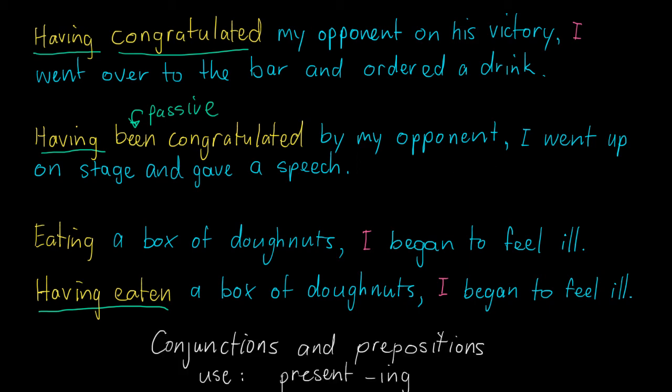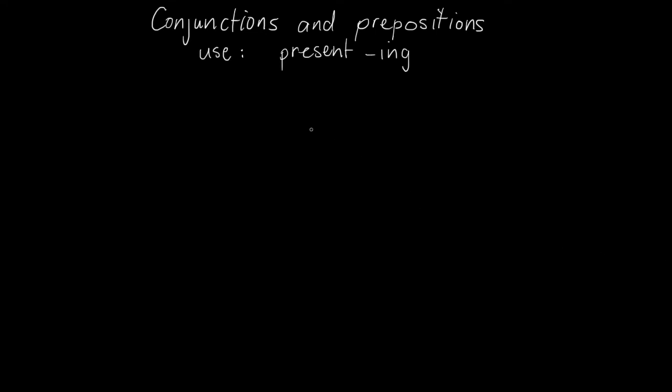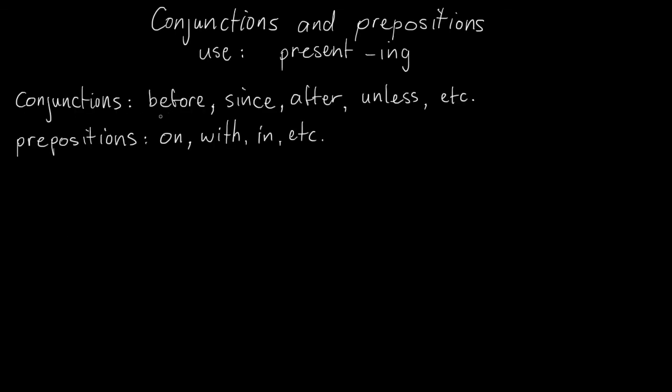And looking now at a slightly different part of participle clauses, we see how they're used with conjunctions and prepositions. And when we do use conjunctions and prepositions, we use the present, the ing participle. So here's a few examples of conjunctions and a few examples of prepositions.